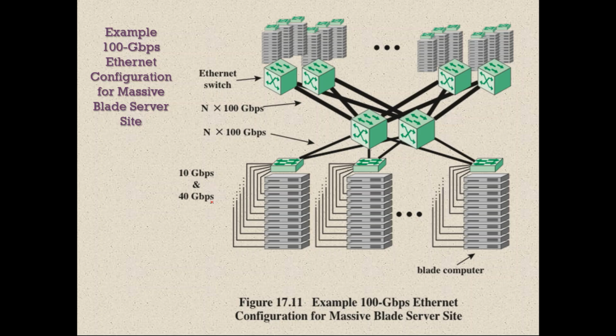Each blade server can communicate information to the network at the rate of 10 gigabits per second or 40 gigabits per second. But these switches can provide high speed connectivity. They are connected at the rate of 100 gigabits per second. So this is one of the common implementations of a cluster.